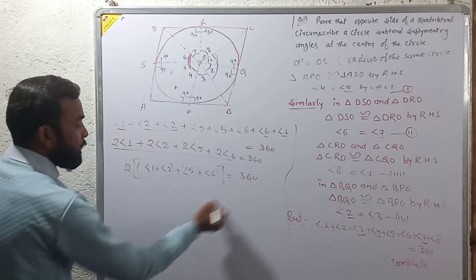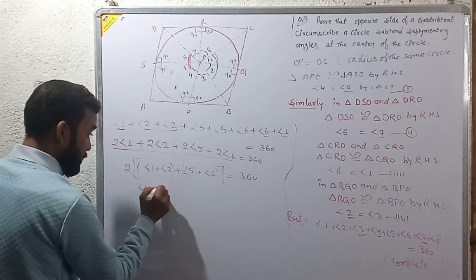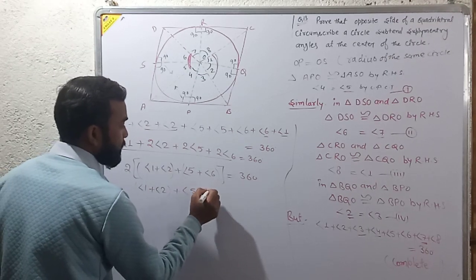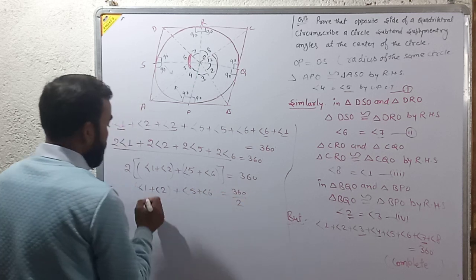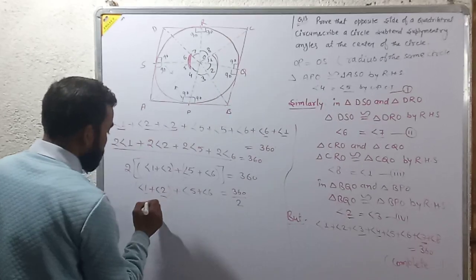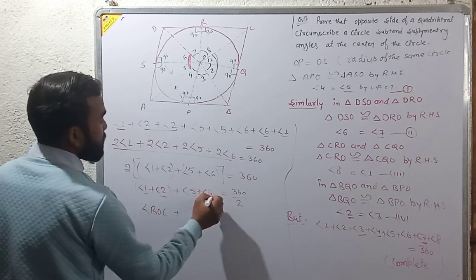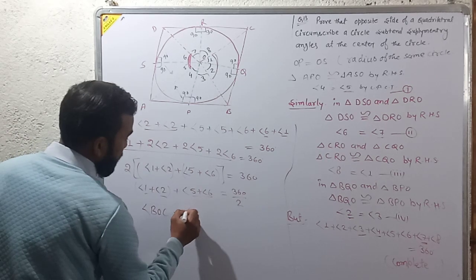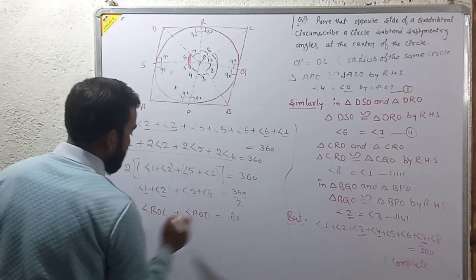Clear? 2 will be transferred and becomes divide, so angle 1 plus angle 2 plus angle 5 plus angle 6 is equal to 360 degrees upon 2. Angle 1 plus angle 2 is equal to BOC. So we put BOC plus 5 plus 6, it is equal to AOD. Angle AOD is equal to 180 degrees.